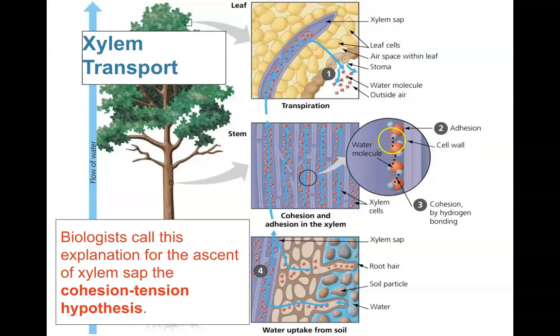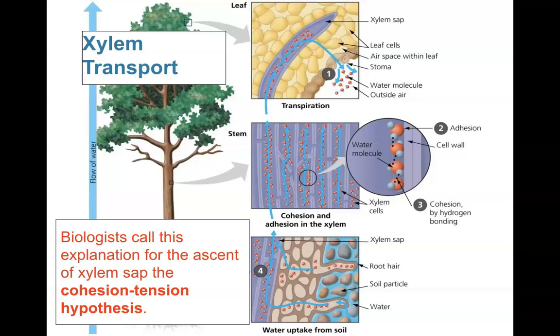So if this one is getting moved along the xylem, it's going to help pull along its neighbor. Think of an imaginary rope that helps pull it along the xylem, going against gravity, which that neighbor water molecule in turn pulls along its neighbor due to hydrogen bonding, and it continues in that rope-like fashion. This is called cohesion by hydrogen bonding.